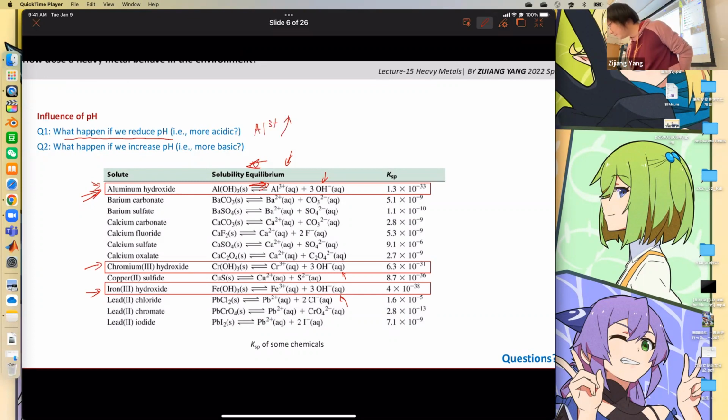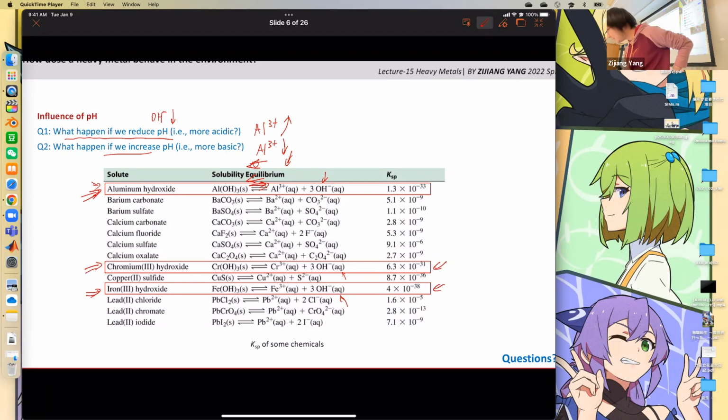Because if we reduce pH, it means we will have less OH minus. And if this is reduced, the reaction will go in this direction to compensate for the removal of OH minus. Similarly, if we increase pH, then the concentration of aluminum will decrease because the reaction goes in this direction. This conclusion is similar for these two equations.